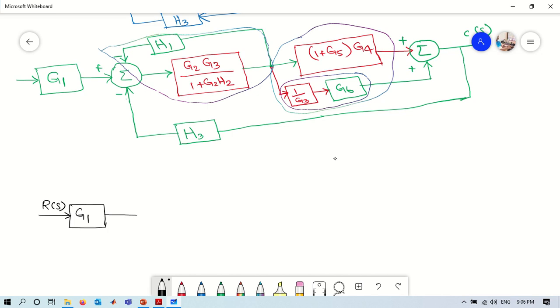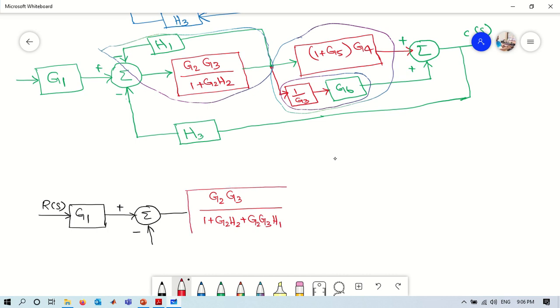So let me have this. Here if I simplify this one, I'll have G2 G3 divided by 1 plus G2 H2 plus G2 G3 H1, right?